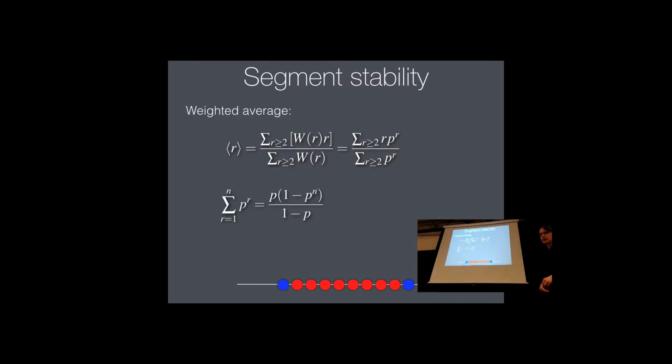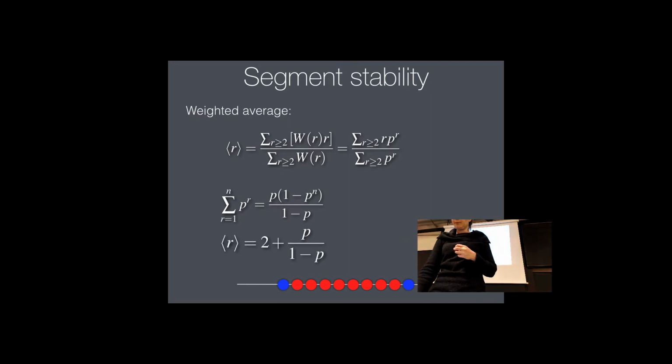And if in the book it says go to your class on what they call series, you'll find it doesn't even tell you where to look, but apparently it's a known relationship. If you take the sum of p to the r, summed over r from 1 to n, then it goes to this number.